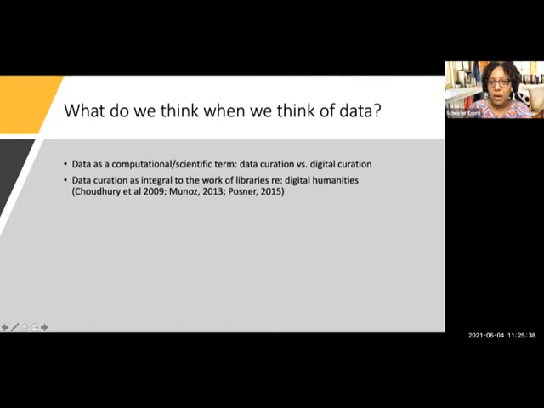But from a production point of view, data curation is integral to the work of libraries, particularly for the way it contributes to digital humanities, because what data curation has helped libraries to do is be able to think about ways to work with publishers, or to think about publishing, or libraries becoming publishers of work, right?